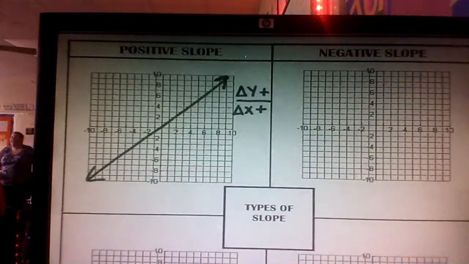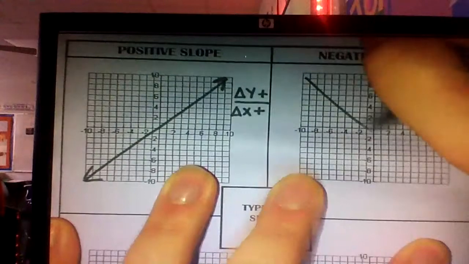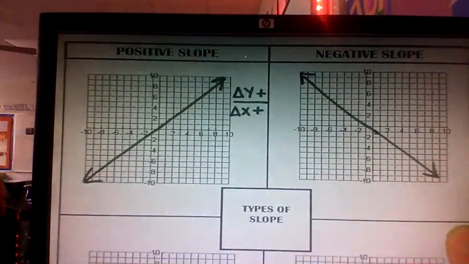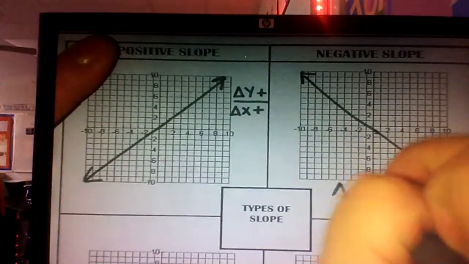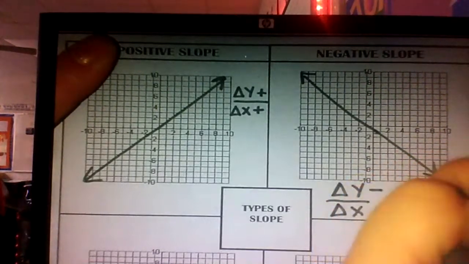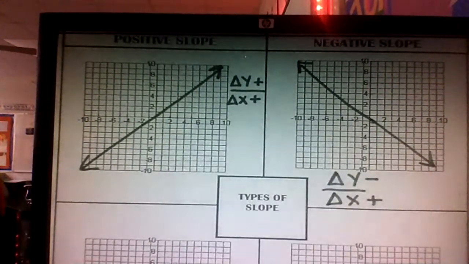Okay? Negative slope. If positive slope goes up to the right, what does a negative slope do? It goes down to the right. Okay? So, in a negative slope, the change in your y is going to be a negative number because it's going down.